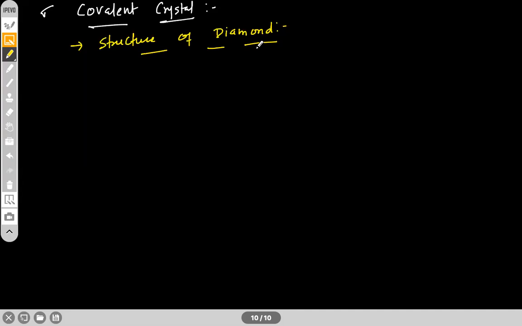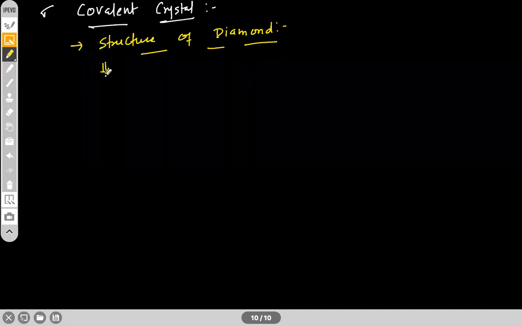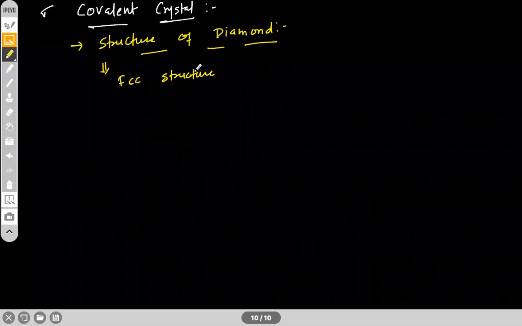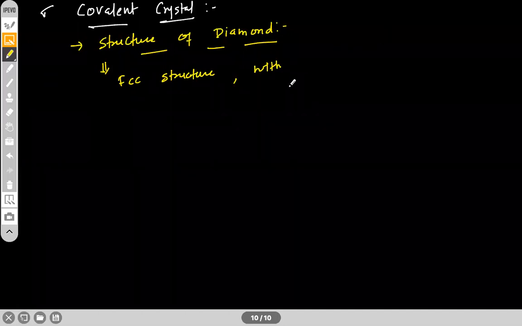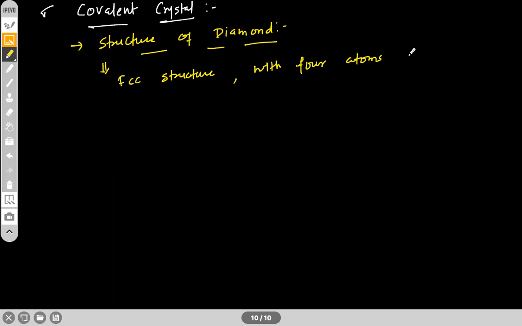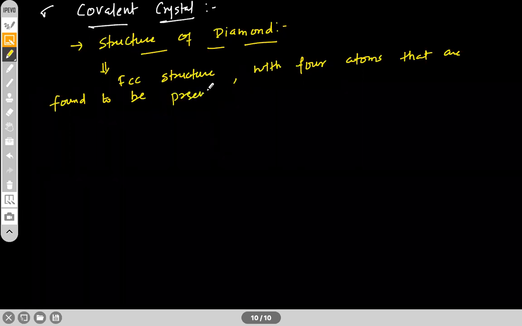It has an FCC structure with four atoms that are found to be present in the alternate tetrahedral voids.